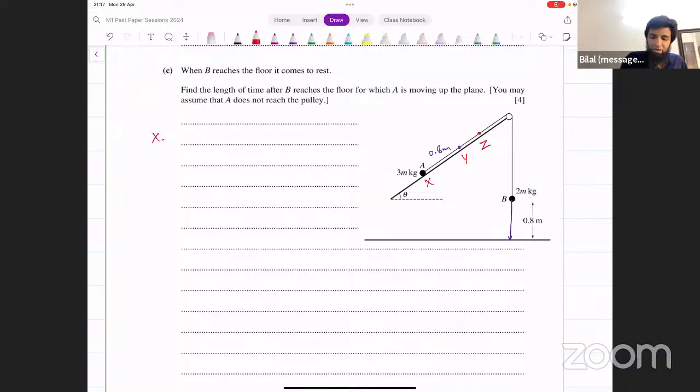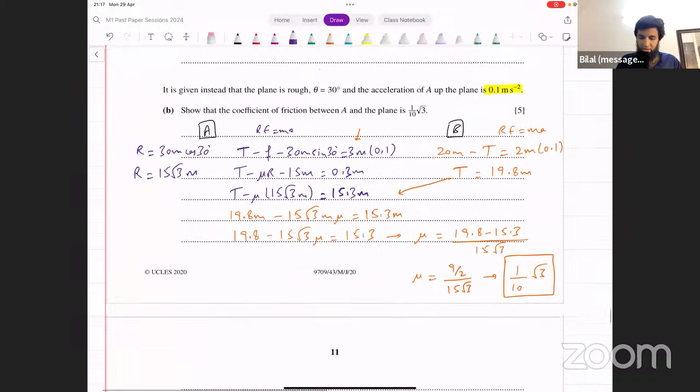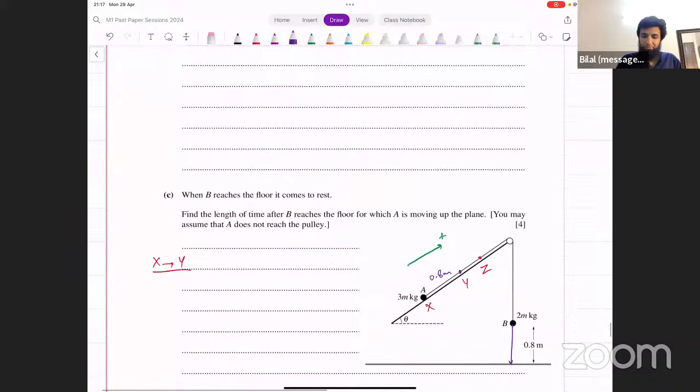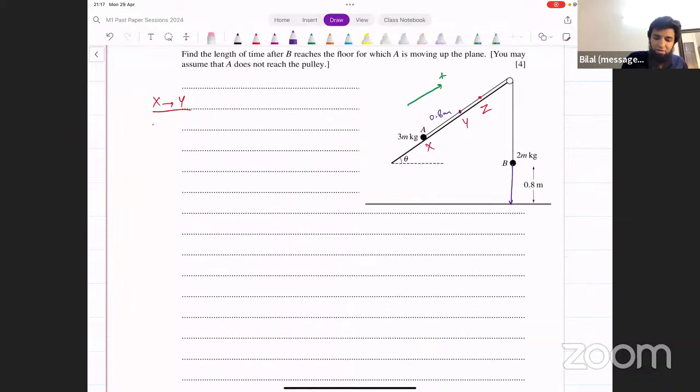Now from X to Y, let's see what information you've got. A is moving up the plane. What do we know about the particle from X to Y? It started at the point X, it started from rest, did it? Yeah, so it started from rest. From X to Y, initial velocity is 0. We're talking about particle A, right?